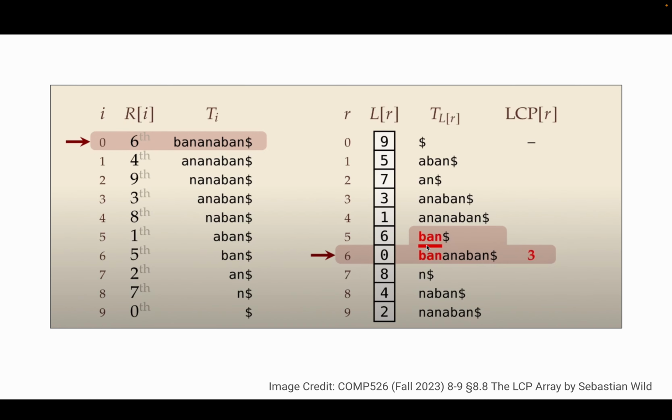Now, when we compare it naively one by one element, we find out that 3 is the largest prefix.